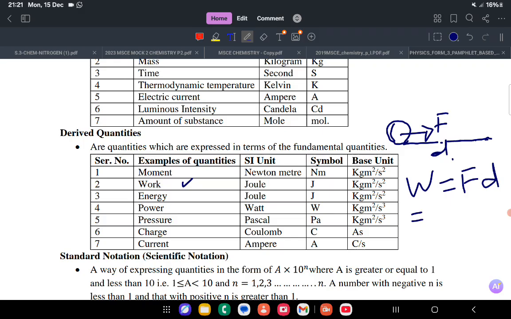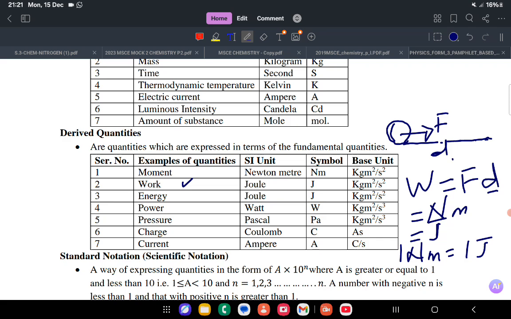Once again, the unit of force is the Newton, and the unit of distance is the meter. Therefore, the unit of work done is called a joule, where 1 Newton meter is the same as 1 joule.